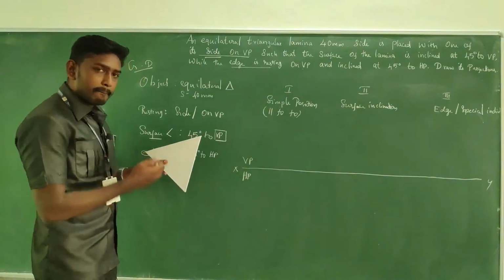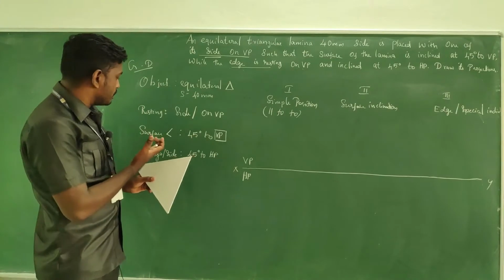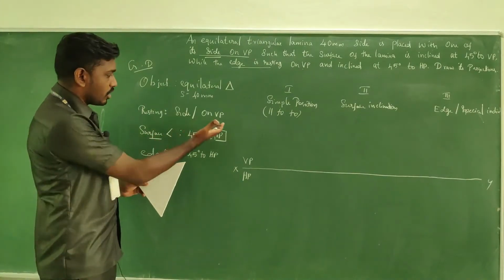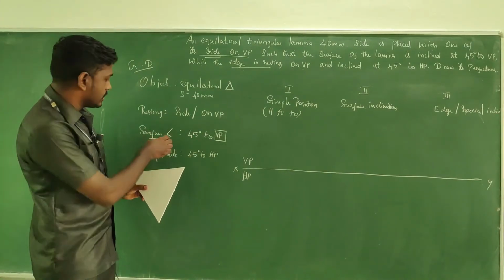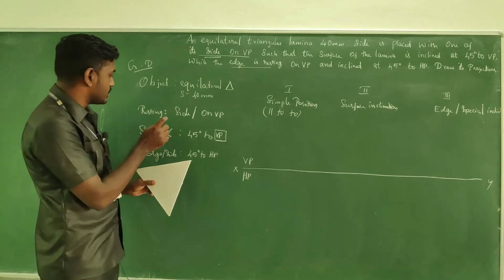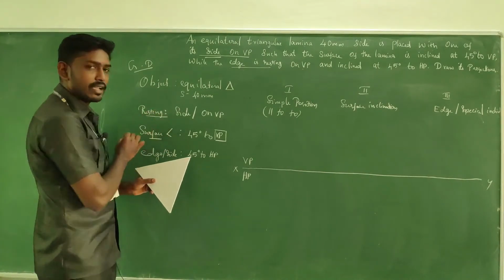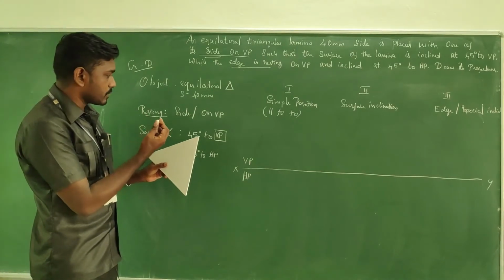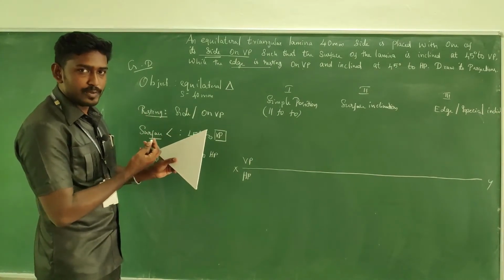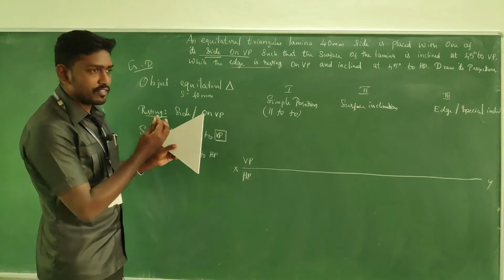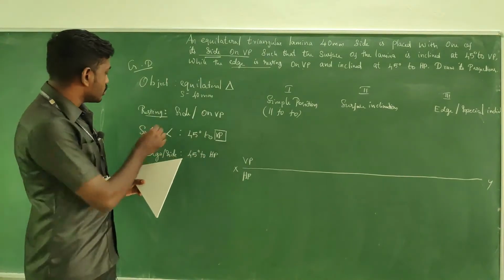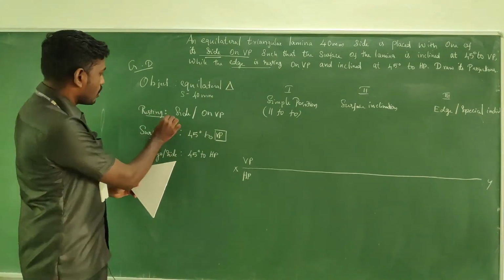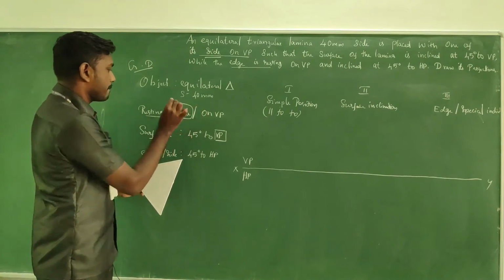And here, when we are placing the object in the quadrant, we have to see the surface inclination as well as the resting. It plays an important part, because while placing the object we must start with the right position. So we have to check the resting. Which part is resting here?